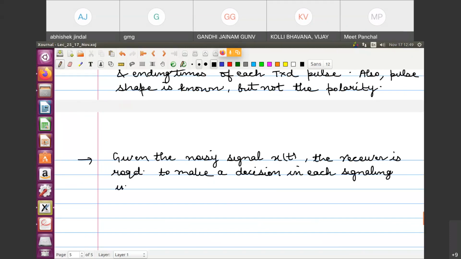Okay, whatever I have said, I am just writing it down first. As to whether the transmitted symbol is a 1 or 0. Okay.